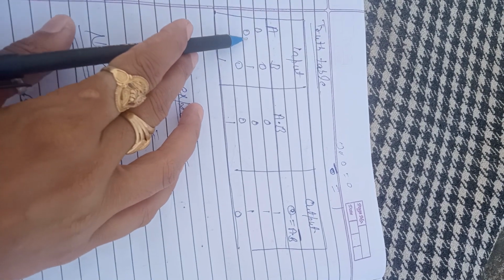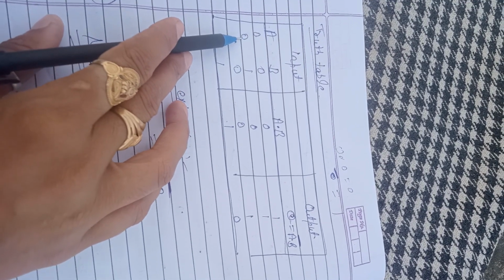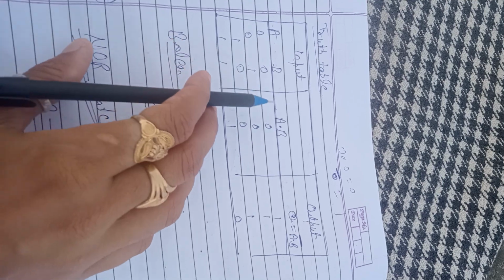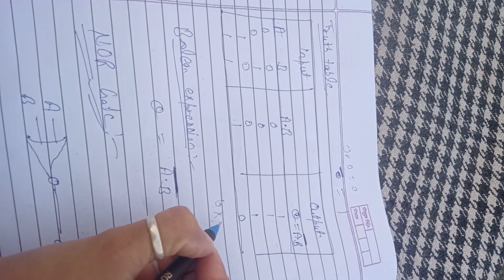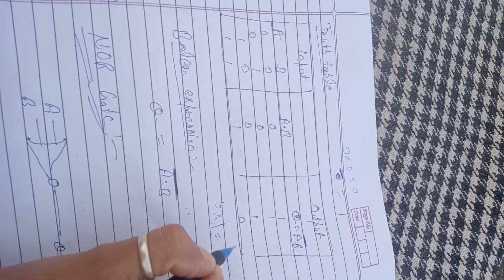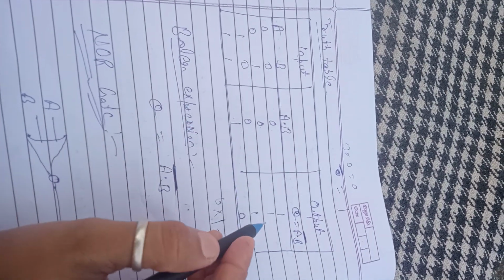In the similar way, when we apply input 0 and the next input is 1, then A dot B is equal to 0 multiply 1, which is 0, and the bar of 0 is 1.